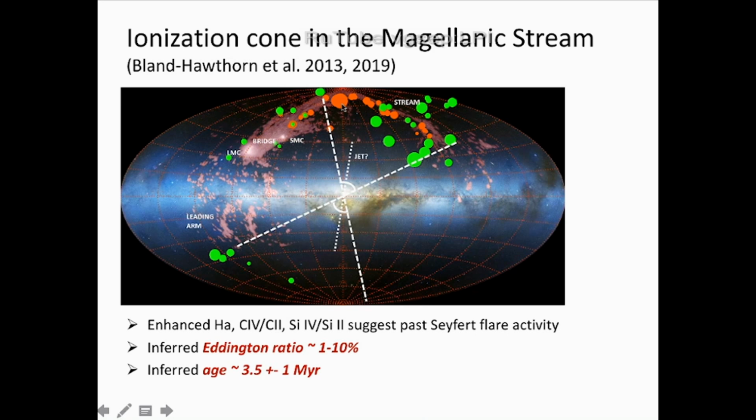They use these highly ionized signatures to quantify the activity level of the central black hole, constraining the Eddington ratio and the age of the event, which is also in very good agreement with the independent constraints from our modeling of the Fermi bubbles. Combining all these hints together, it suggests that our central supermassive black hole really had Seyfert flare-like activity a few million years ago.